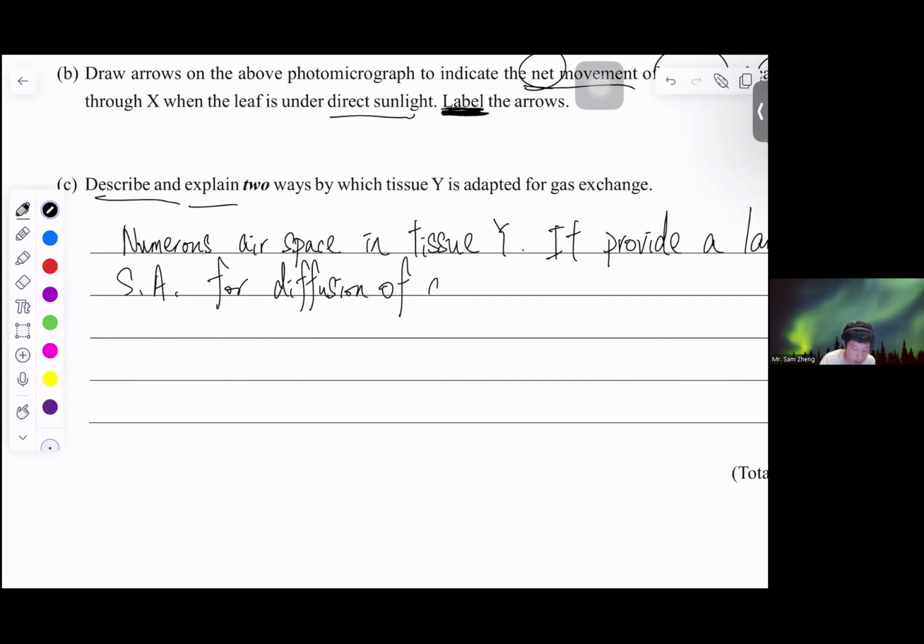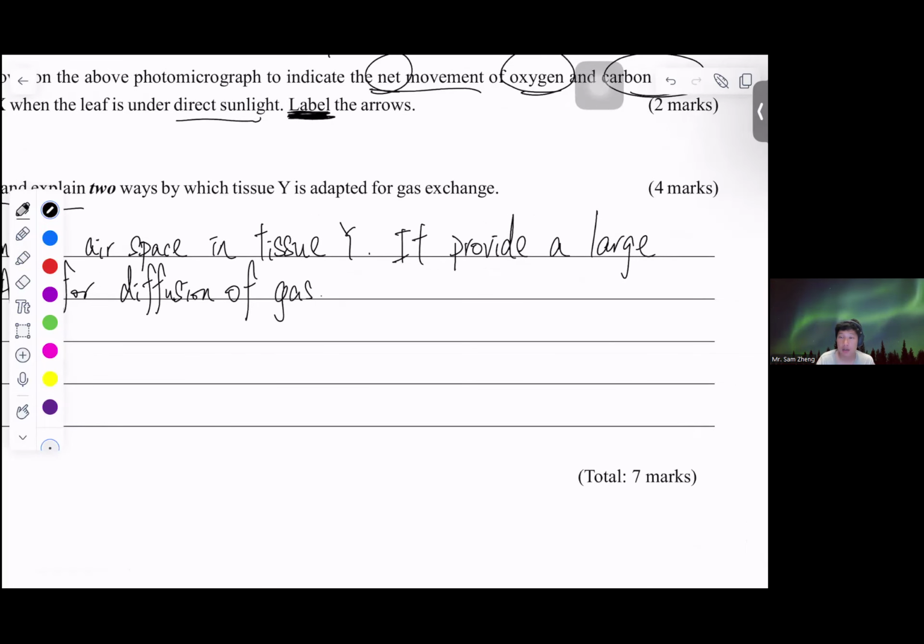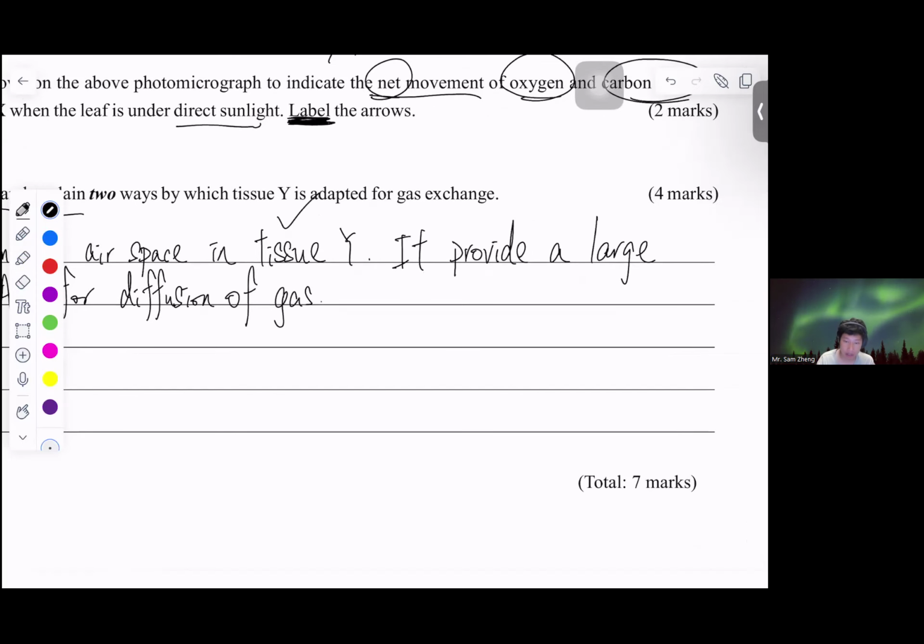Now, in this case, this is what we call the mismatch of the describe and also explain. In this case, I can only give you the describe marks, but I could not give you the explain mark, okay?